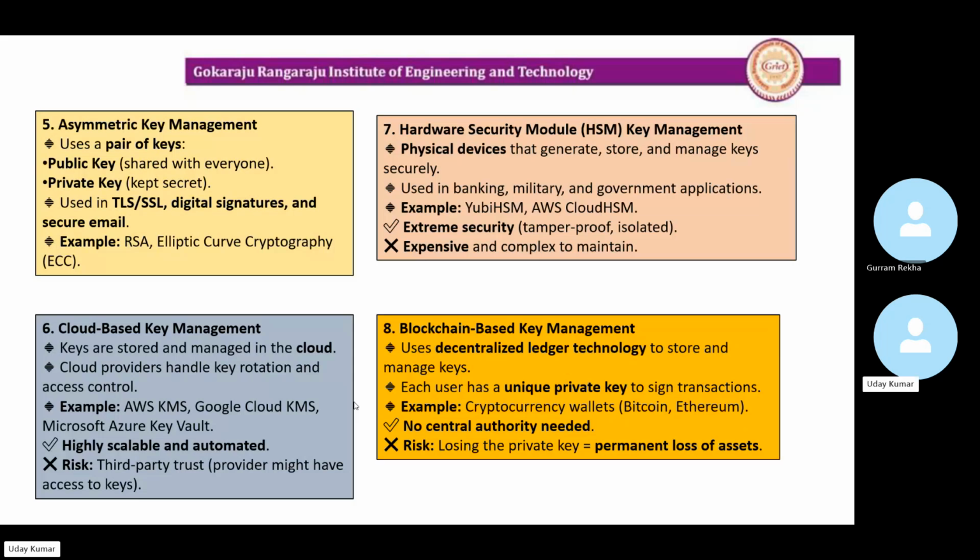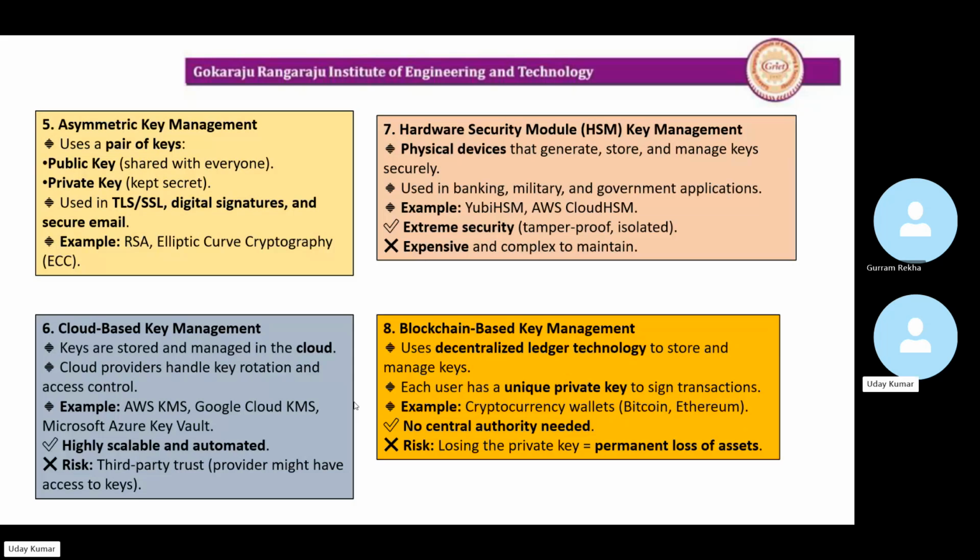And cloud-based key management: keys are stored and managed in the cloud, and cloud providers handle key rotation and access control. We have Azure, AWS, and Google Cloud, highly scalable and automated. But it involves third parties, students, so you might have to give access to the keys as well.